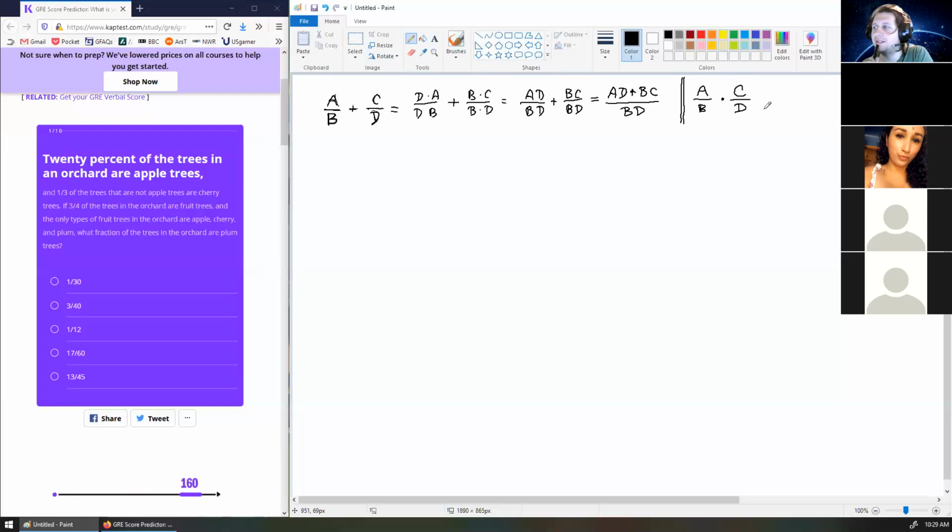Is that the one where you cross multiply? Not quite. It's simpler than that. Don't you just multiply across? Yes. So for multiplication, you just go straight across.